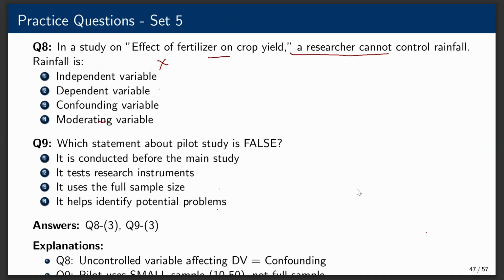I think when you are in the exam hall, maybe this kind of thought process will come to your mind. But you just see, you are trying to study the effect of fertilizer on crop yield, right? So fertilizer is clearly the independent variable and crop yield is the dependent variable. That is why you have to be patient and you have to study properly.